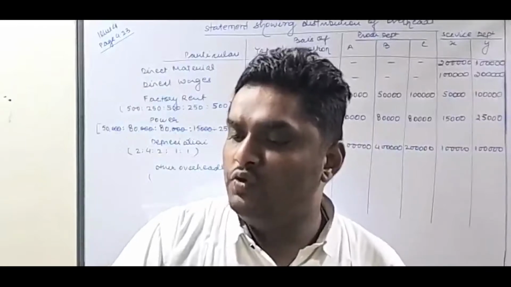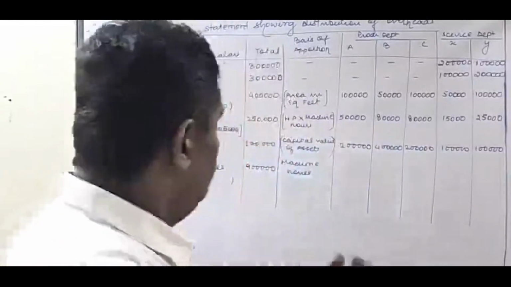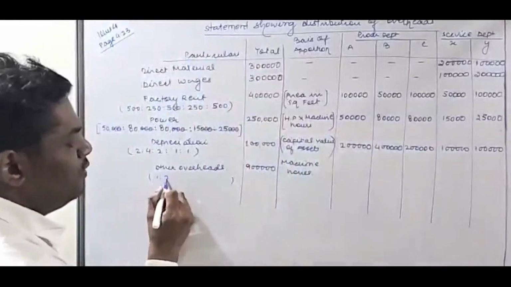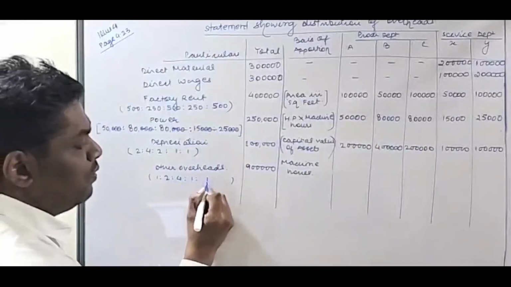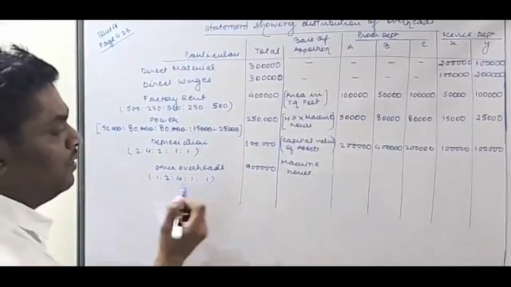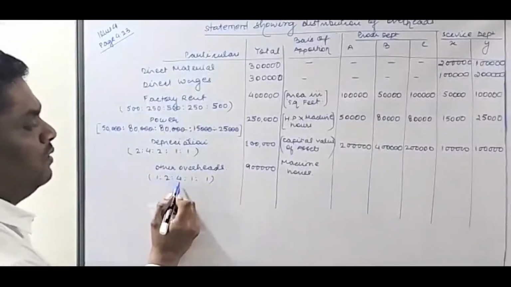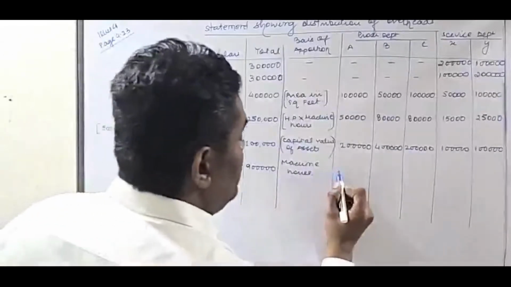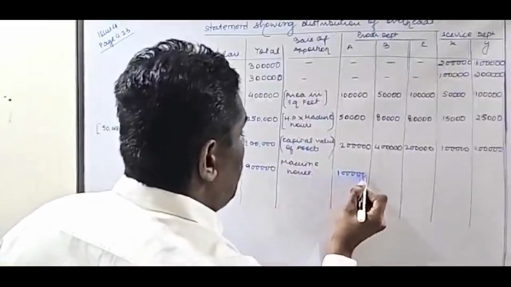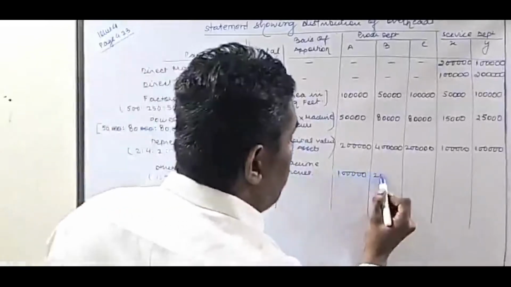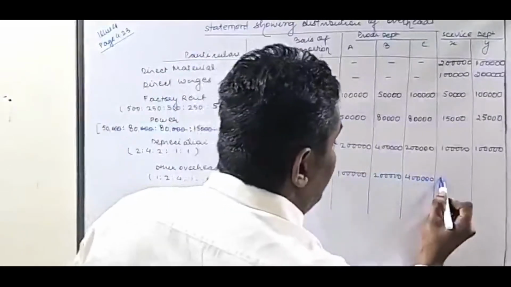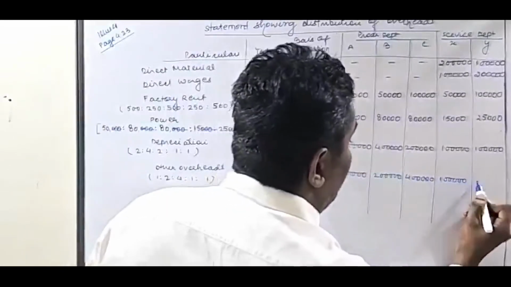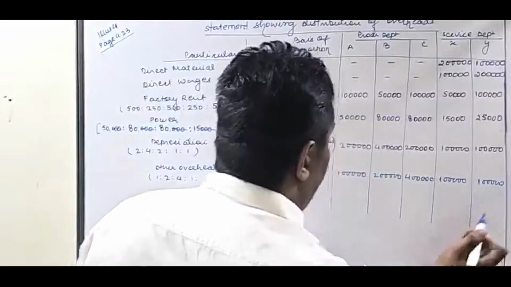So 1:2:4:1:1. So this will be 1 lakh, 2 lakh, 4 lakh, 1 lakh, and 1.